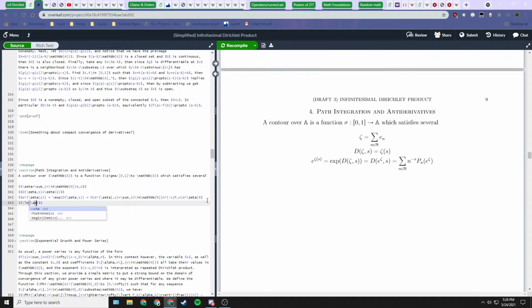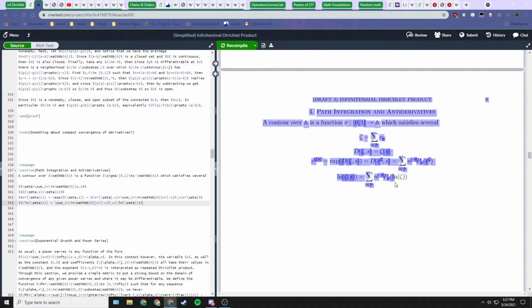So for example, our eventual result would also be proving something like this. And of course this would apply, it doesn't have to be natural log, it doesn't have to be exponential, but that's sort of one of the things we're building up to.